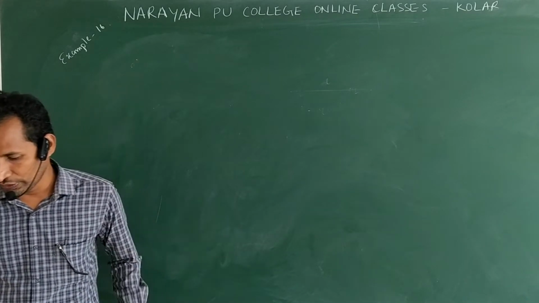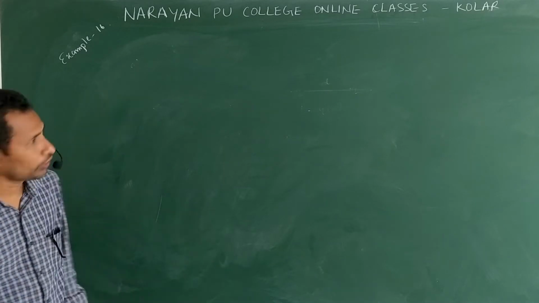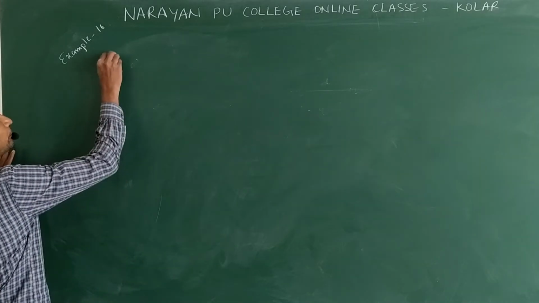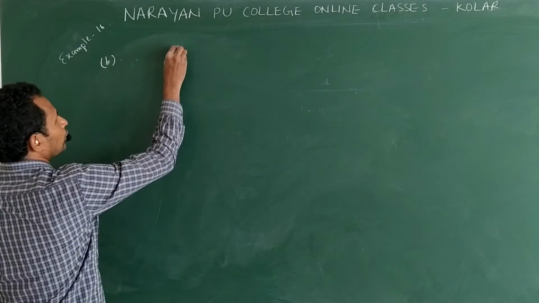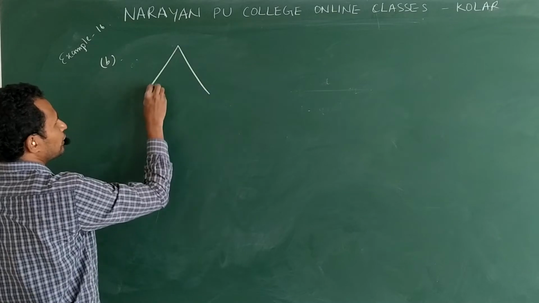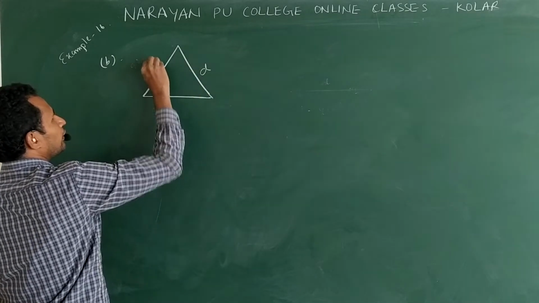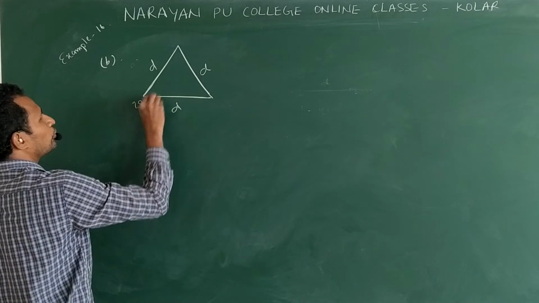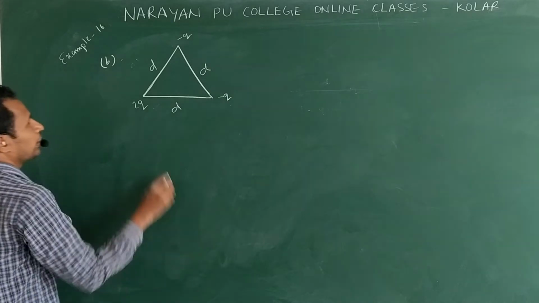In the first video, we have seen the right angle triangle. Now see question B. The given charges are the same kind of charges, but they change their position. This is 2q, and this is minus q, and this is minus q.